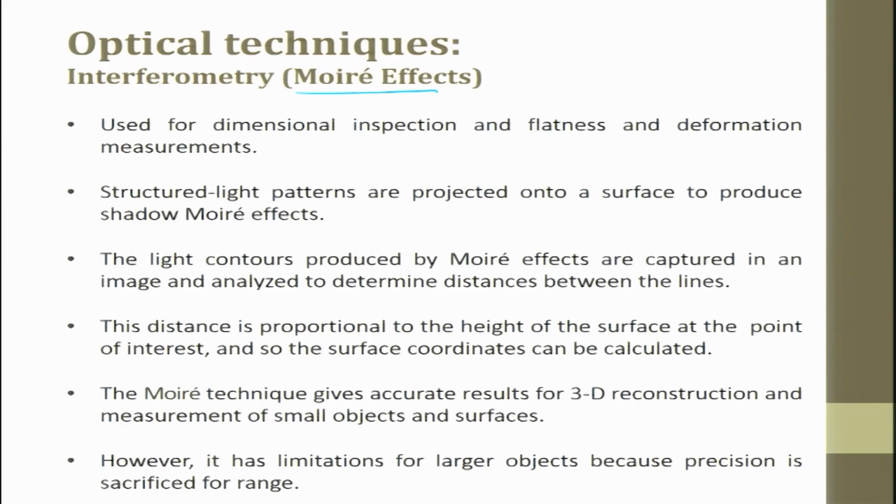The Moire technique gives accurate results for 3D reconstruction measurement of small objects and surfaces. However, it has a limitation for large objects because precision is sacrificed for range. Generally, these Moire fringe effects are used for experimental stress analysis.